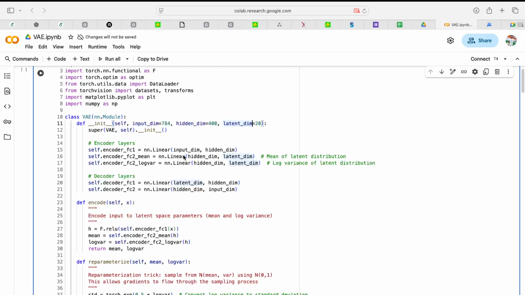So first from input dimension to hidden dimension to latent dimension. At first, it is using one linear layer to encode from 784 to 400, and then it is learning the mean and variance.